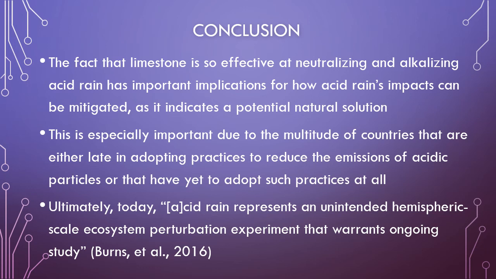And so ultimately today, even though acid rain was first identified as an environmental pollutant as early as 1845, it still represents an unintended hemispheric scale ecosystem perturbation experiment that warrants ongoing study. That was according to this wide-ranging study on acid rain from 2016.